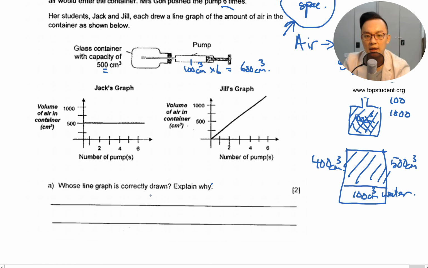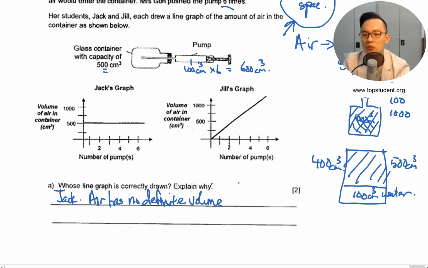So let's take a look at whose line is drawn correctly. It's actually Jack. Jack is drawn correctly. Explain why. It's because air has no definite volume.